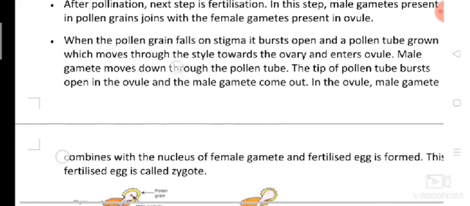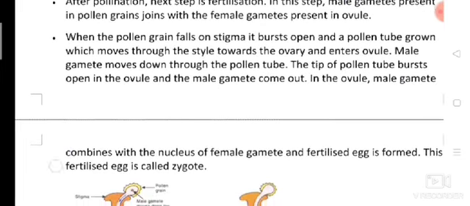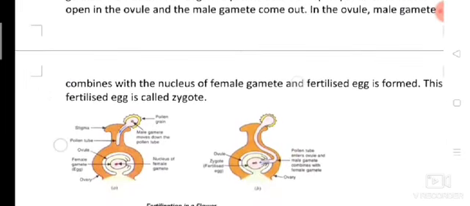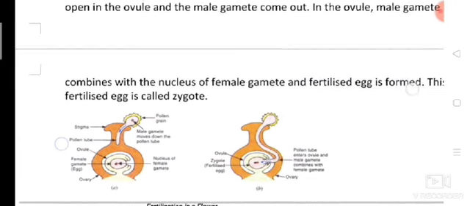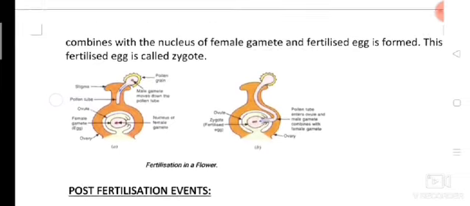Male gametes move down through the pollen tube. The tip of the pollen tube bursts open in the ovule and the male gametes come out. In the ovule, the male gamete combines with the nucleus of the female gamete and a fertilized egg is formed. This fertilized egg is called the zygote.